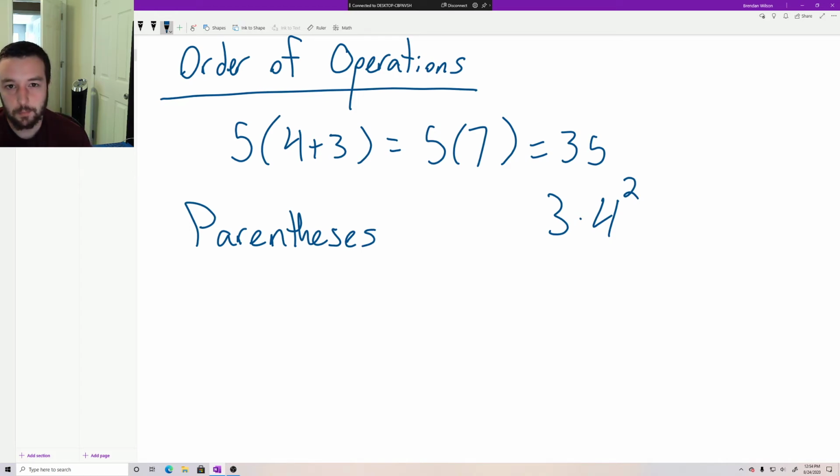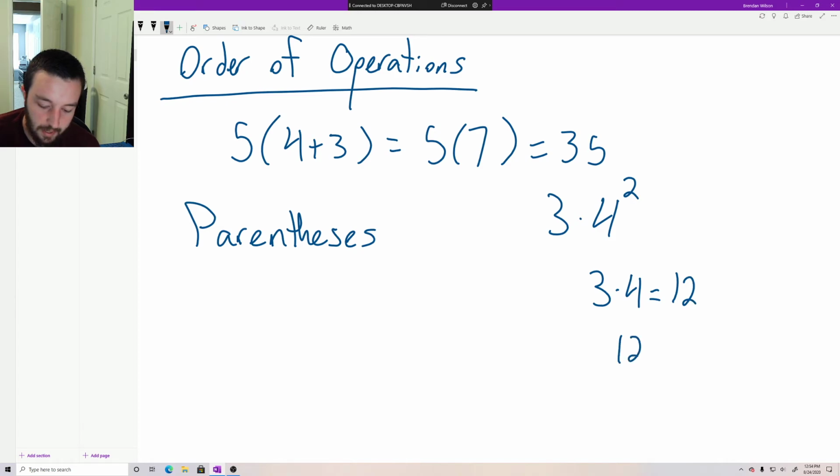If we think about it, the 4 is not really a 4, it's really whatever it is when it's squared. If we did 3 times 4 first, we get 12, and then we square it, we get 144. This doesn't feel right.